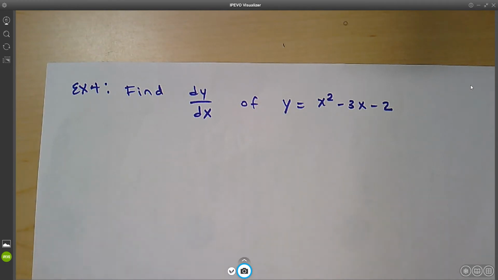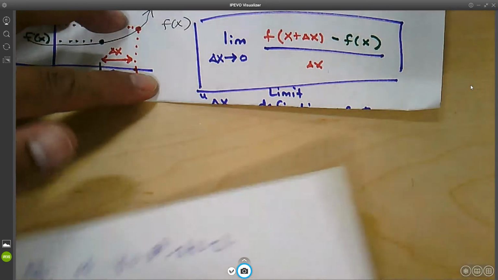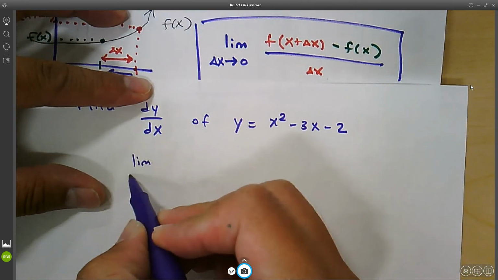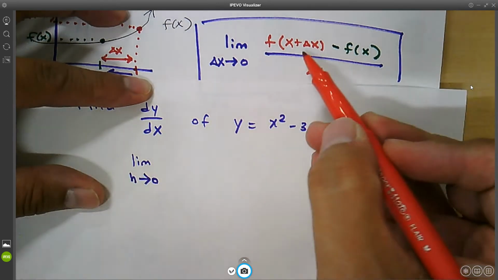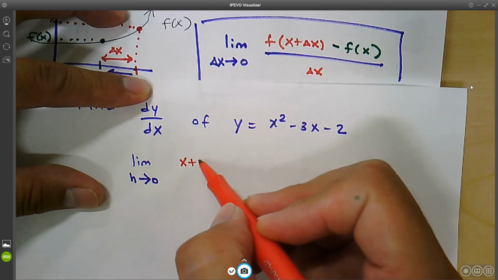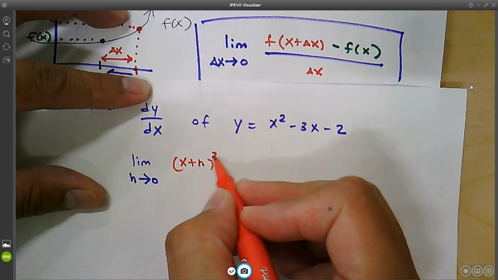Okay, so going back, let me put our formula up. We're going to reference our formula, and we're going to set it up just like that. It has a limit, but we're going to use h. It says plug in x plus delta x there and there.